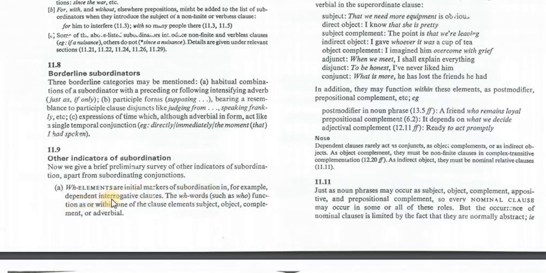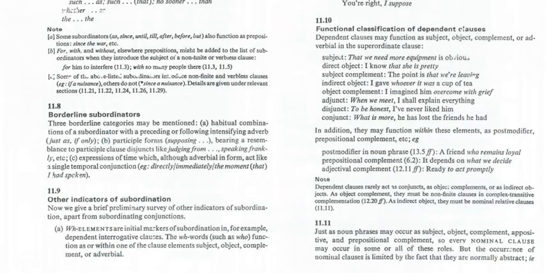For example, in a dependent interrogative clause, a word such as who functions within one of the clause elements: subject, object, complement, or adverbial. These WH indicators also link clauses, one superordinate and the other subordinate, and the clause containing the WH element may be relative or interrogative, functioning as the subject, object, complement, or adverbial. God willing, when we deal with the types of dependent clause we will see such indicators.